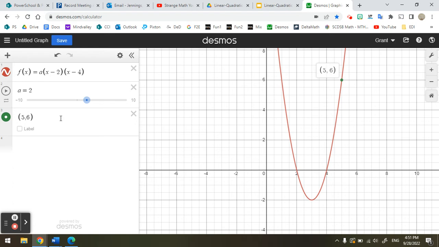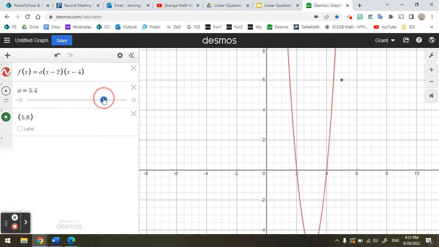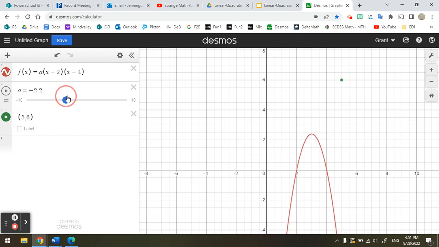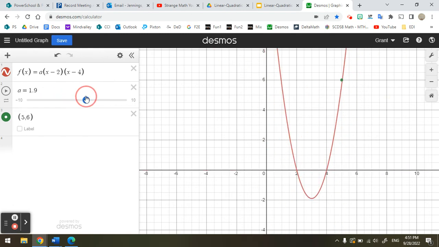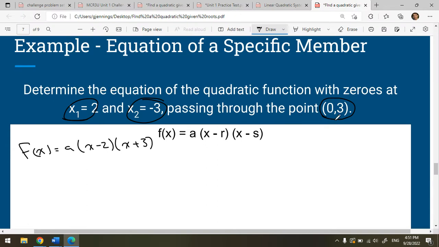So just to remind you, we had a family of parabolas here, and there were infinitely many, because there were infinitely many a values. But once I said I want it to go through another point, like the point 0, 36, it was only the value a is 2 that would do that and bullseye that point. So when we're given that third point, we're going to go from having a family of an infinite number of functions to one specific function.